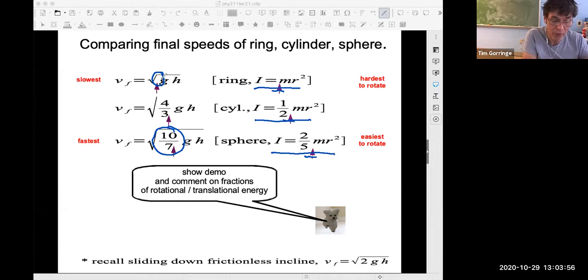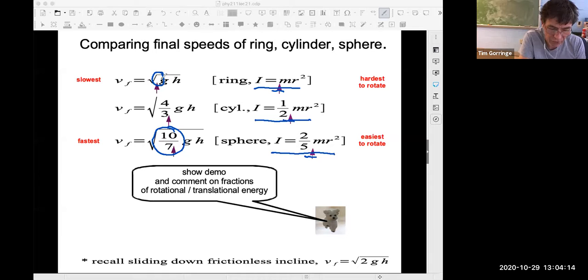It's actually a quicker way, I think, using this energy perspective, that the original gravitational potential energy at the top of the incline has been morphed into, changed into a combination of rotational and translational kinetic energy.